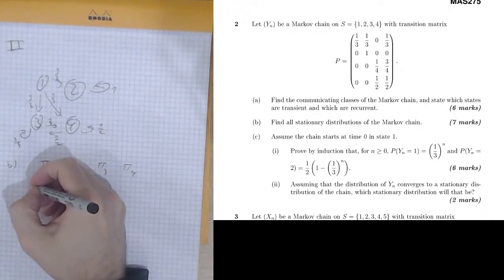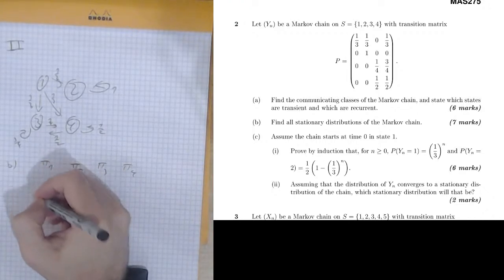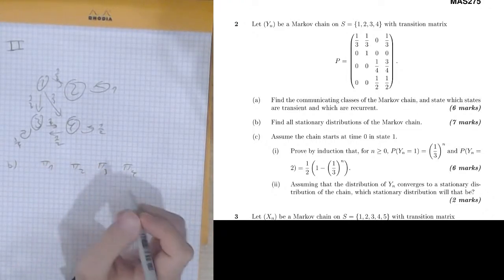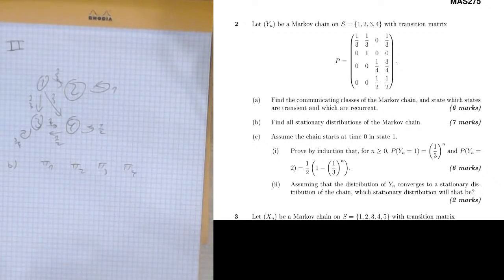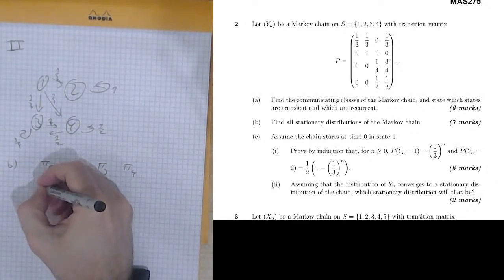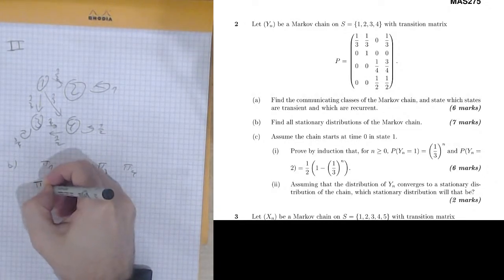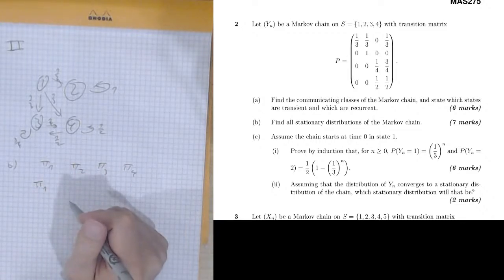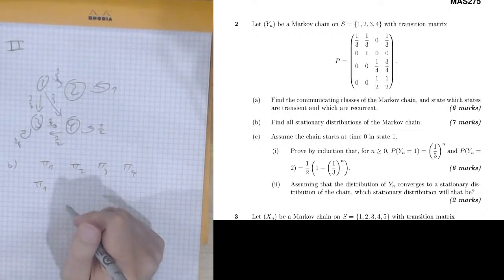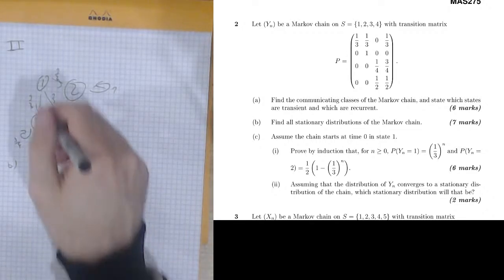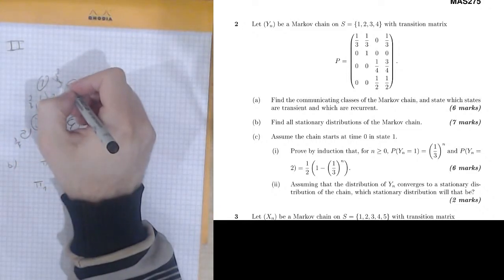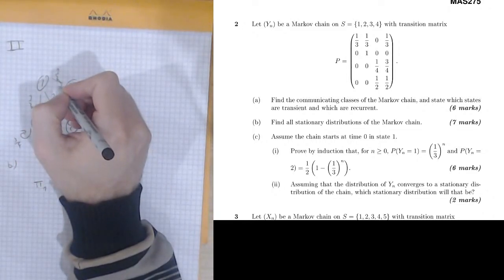Write your equations. Remember, the equations are: if I start with distribution pi, I still have distribution pi on the next step. So for example, the probability of being at 1 in the next step, I wrote this wrong, sorry. I'm looking at the matrix.